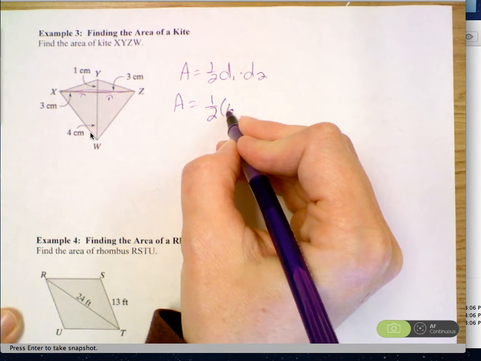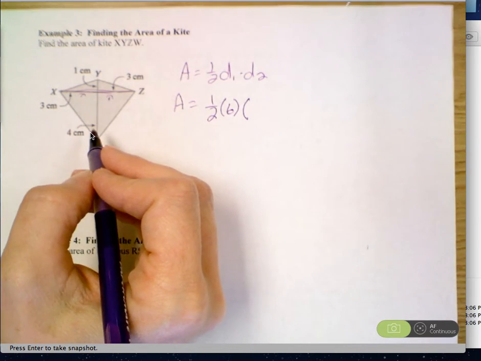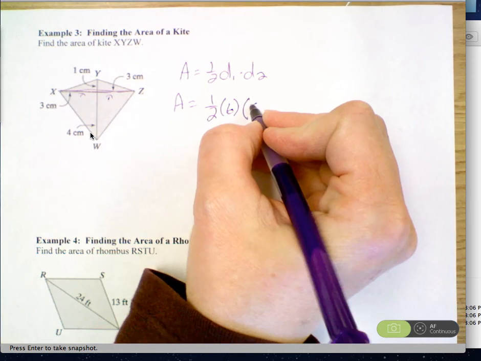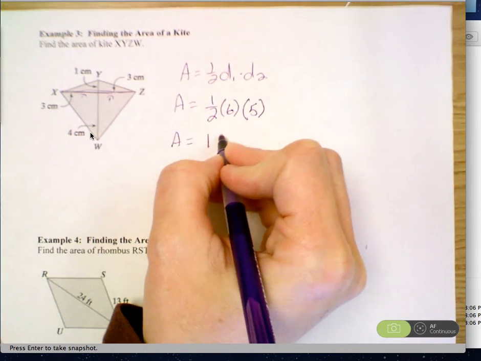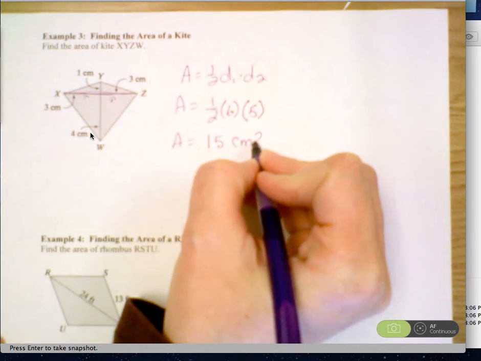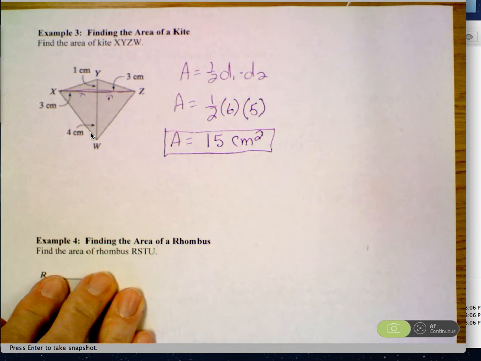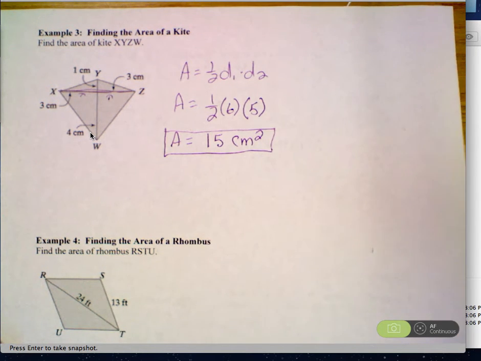So it's times 6. For the other diagonal, you take 4 plus 1 and that gives you 5. So you have 1/2 times 6 times 5, which gives you 15 centimeters squared as the area of that kite. So that's how we find the area of a kite.